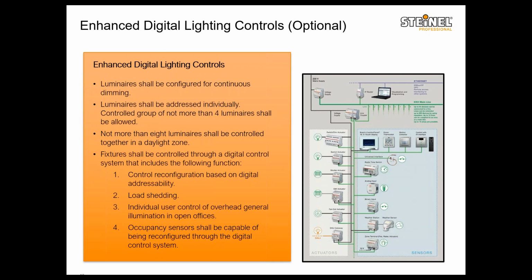So again, the daylight zone needs to be split up. And then when it comes to the fixtures being controlled through a digital control system, that system should have the next 4 following functions: control reconfiguration based on digital addressability, load shedding, individual user control of overhead general illumination in open offices, and occupancy sensors shall be capable of being reconfigured through the digital control system.